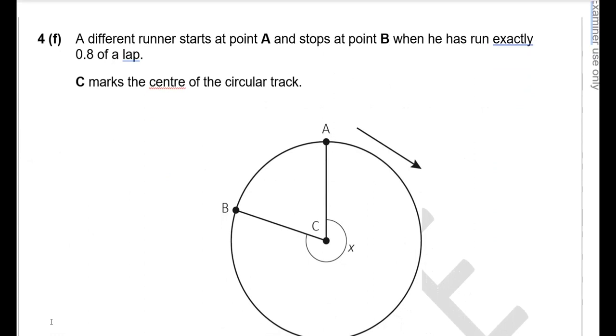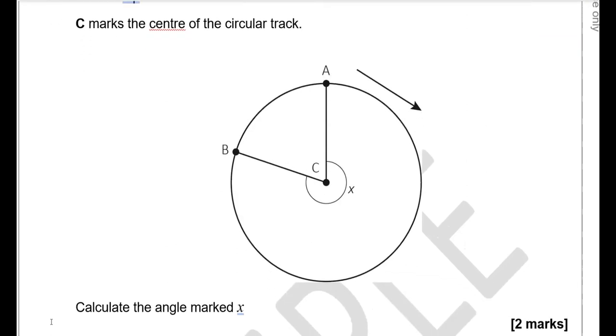A different runner starts at point A and stops at point B when he has run exactly 0.8 of a lap. C marks the center of the circular track. Calculate the angle marked X. So this is really 0.8 of the lap, and it will be 0.8 of the full circle.